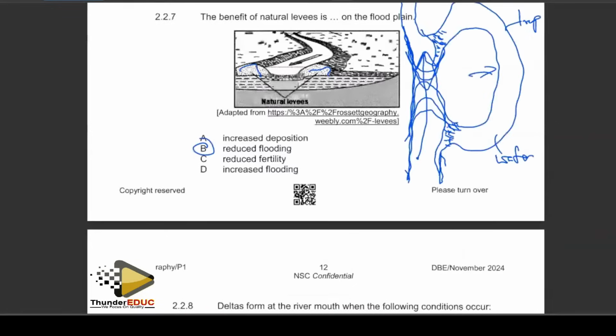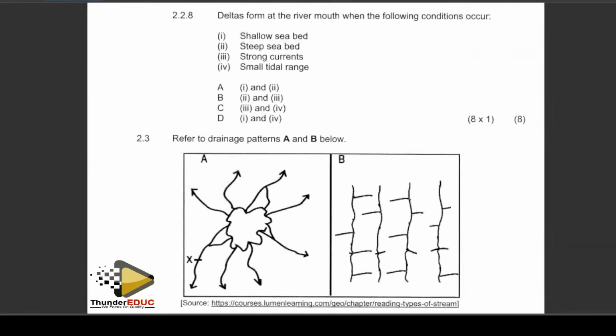Deltas form at the river mouth when the following conditions occur. Which conditions facilitate the formation of deltas? Remember, we are looking at that part of the river channel where it gets into its mouth. The river branches into distributaries that are going to feed into the ocean. It's no more one distinct river, but rather it's branching off because of deposition.